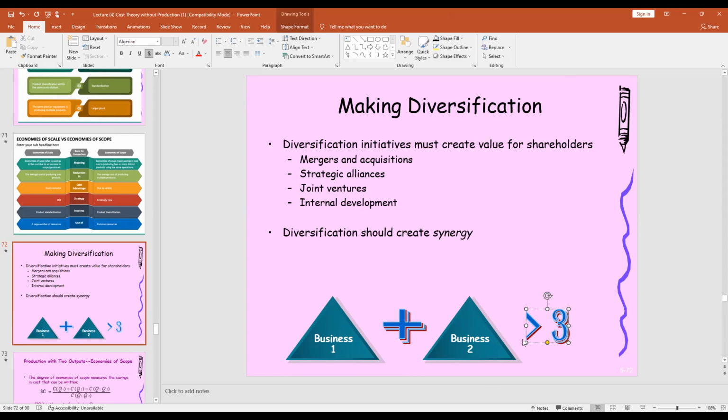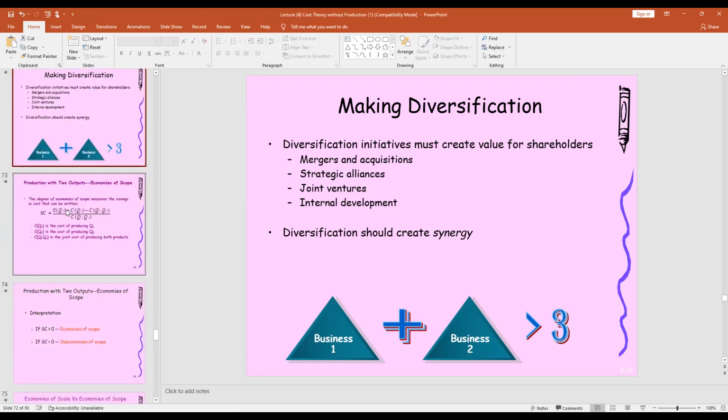Mathematically it is 3, but when we combine these two, it is more than 3. Therefore, the synergy effect is very visible in this type of product. Synergy is the combination of both making more production than the summation of individual production by each producer. So this is very important for your examination.